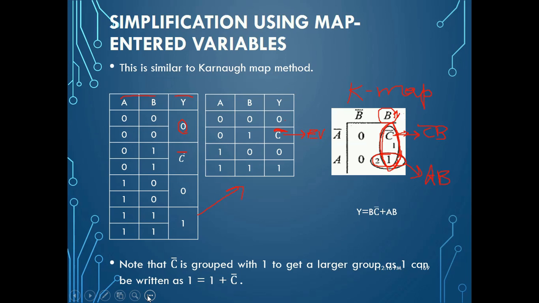So this is what we are going to write in the final expression: Y is equal to BC bar plus AB. Note that C bar is grouped with 1 to get a larger group, as 1 can be written as 1 is equal to 1 plus C bar.